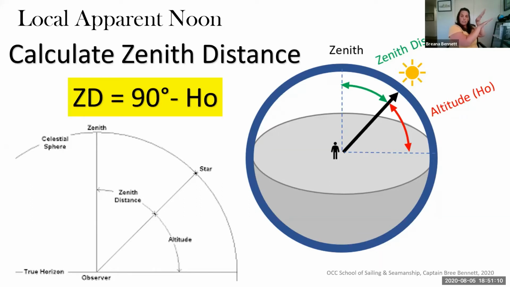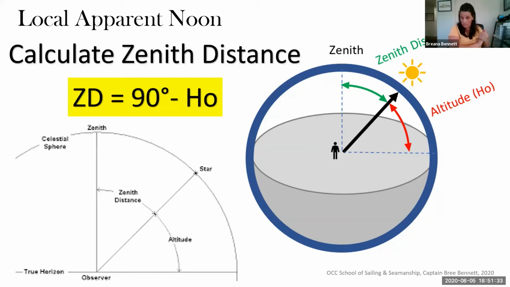From the sun to the zenith, which is directly above me, is called zenith distance. So zenith distance equals 90, because it's 90 degrees from your horizon to your zenith, minus your HO, gives you zenith distance.